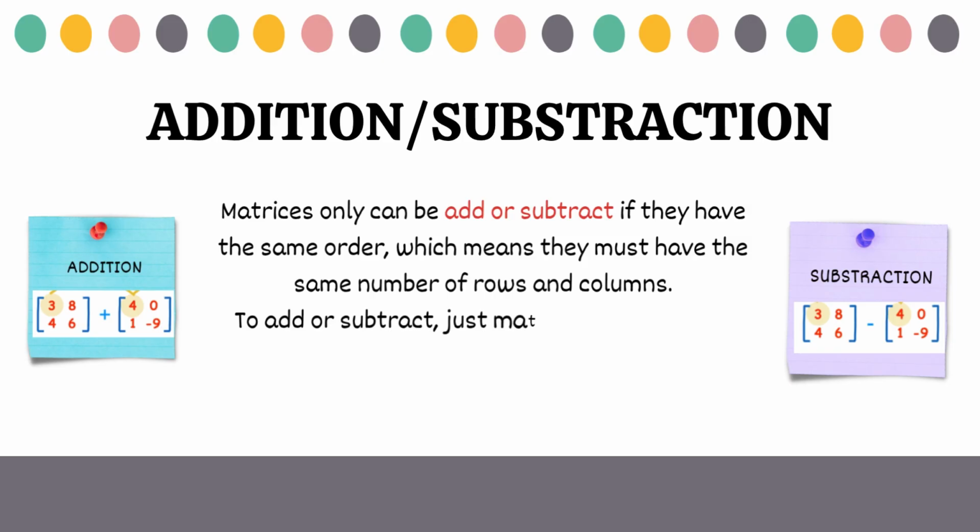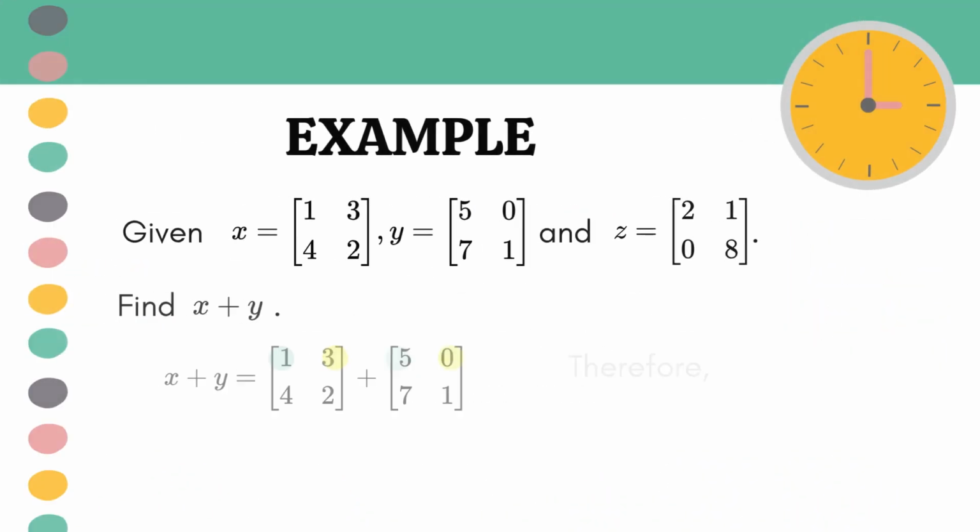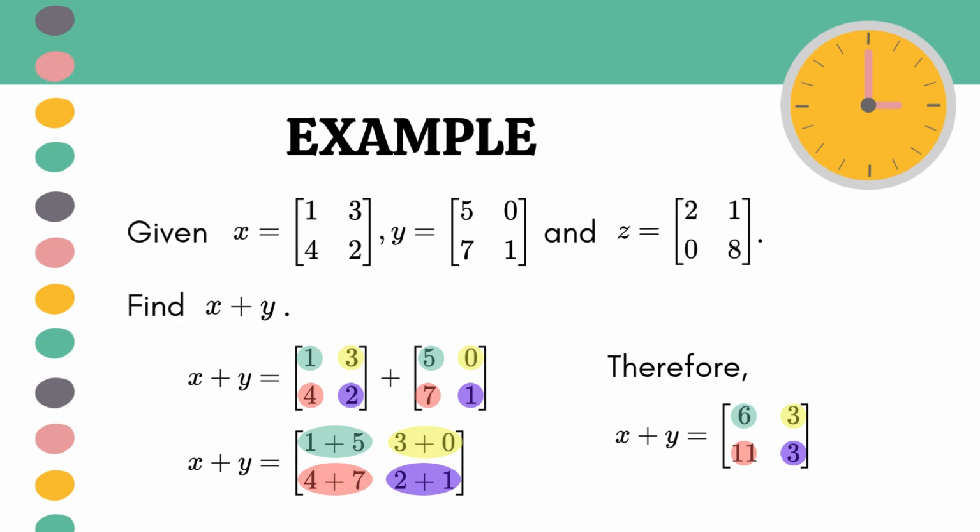To add or subtract, just match each element in the same position from both matrices and perform the operations. Let's look at some examples of matrix addition and subtraction. These examples will help you understand how to match and calculate the elements step by step.